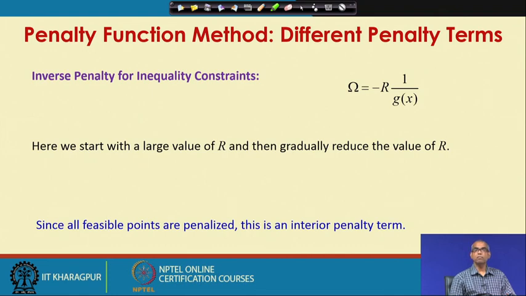That way we will get an unconstrained function which can be solved for a particular value of penalty parameter r. Then you can solve the unconstrained problem again by taking a different value of r, and by doing so you will slowly approach the optimum of the original nonlinear programming problem.